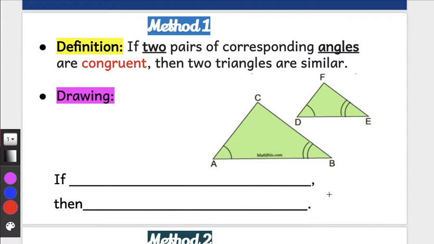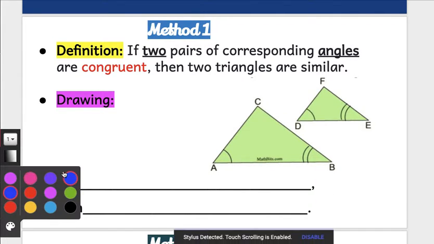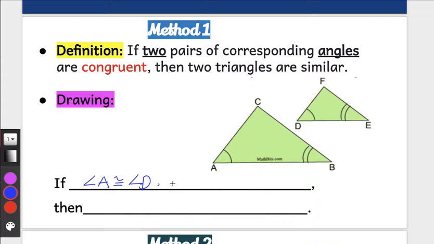The very first method, as I mentioned: in order to prove 2 triangles similar, we just need 2 pairs of angles to be congruent. As you can see in the picture, all we need to prove is angle A is congruent to angle D, and angle B is congruent to angle E. Then we can come to the conclusion triangle ABC is similar to triangle DEF.